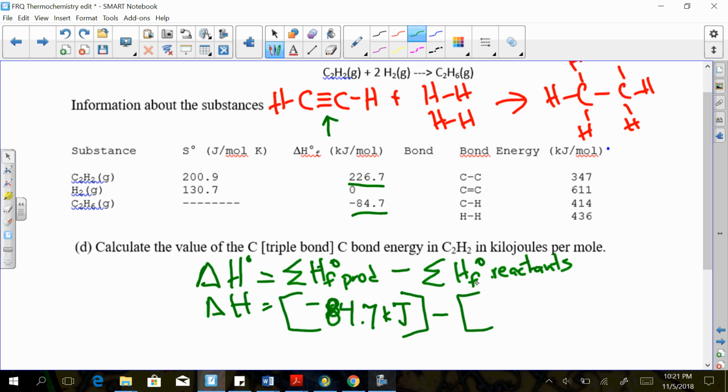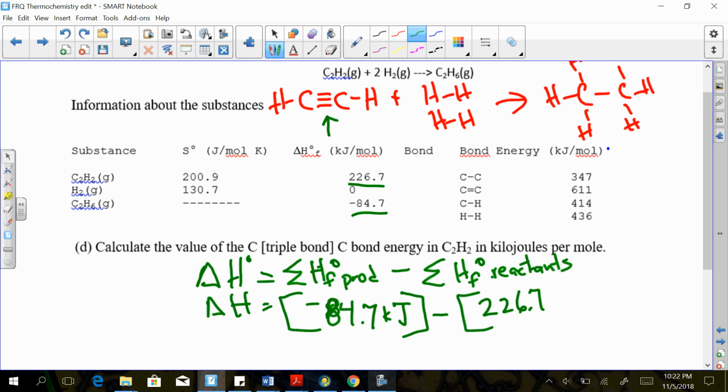Minus the heats of formation of my reactants. So if I look, I have 2 different reactants. I have hydrogen, and I have this ethyne gas or acetylene gas. And so if I do the acetylene gas, the heat of formation is given to me in the table, and it is 226.7.